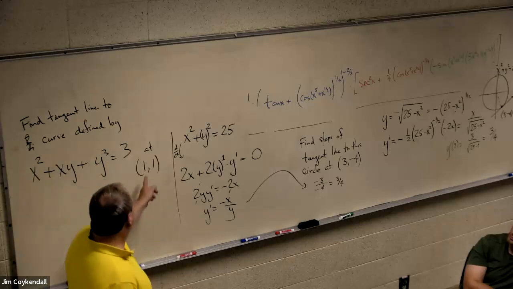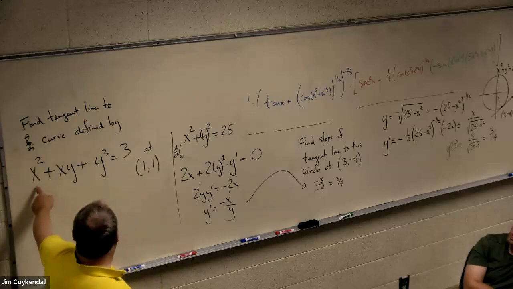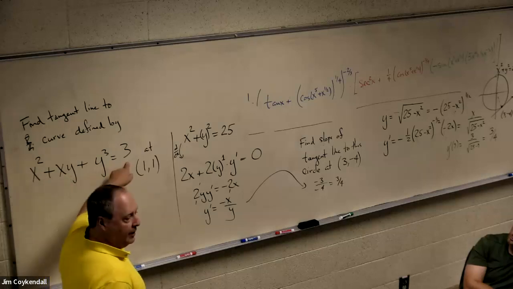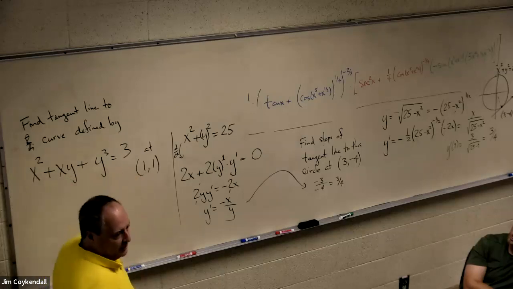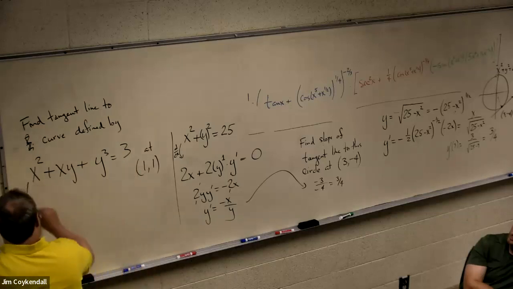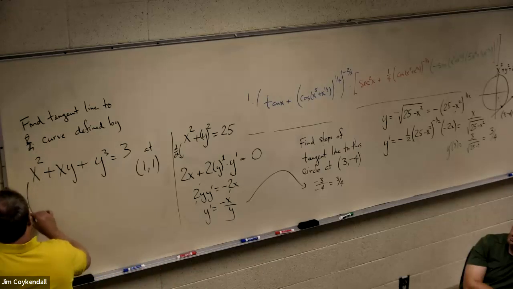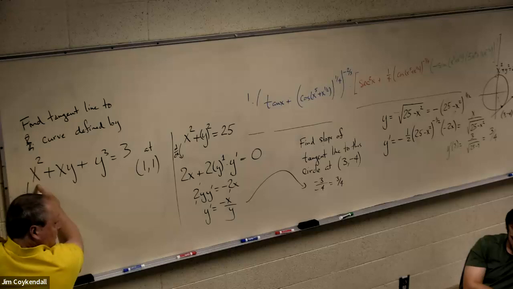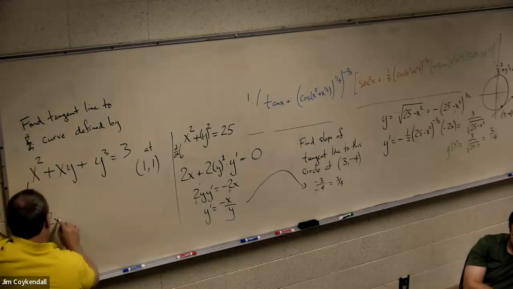Let me point out first that when I plug in 1 for x and 1 for y, I get 1 plus 1 plus 1. So this point is on this curve. Now, let's d/dx the crap out of this. What's the derivative of x squared?